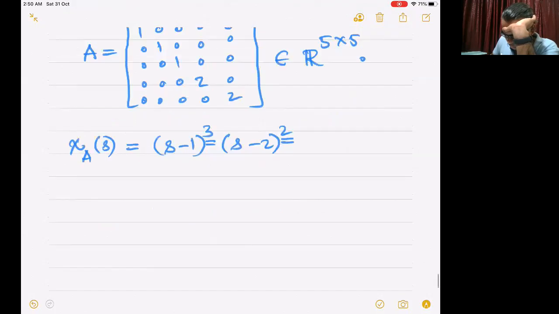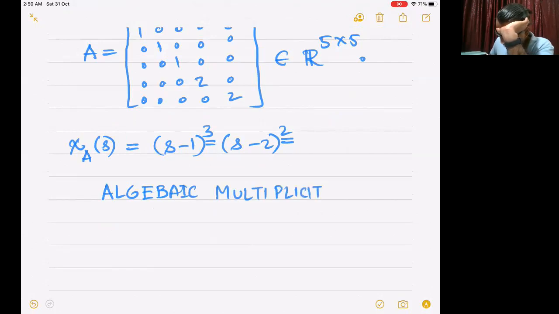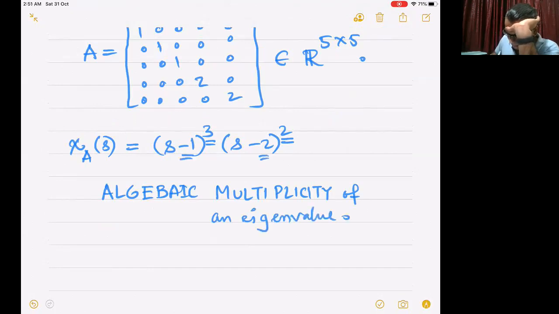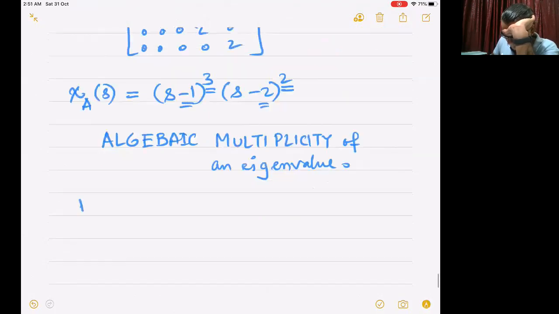These numbers are called algebraic multiplicities of the eigenvalues. So here the eigenvalues are 1 and 2, and eigenvalue 1 has multiplicity equal to 3, and 2 has multiplicity equal to 2.